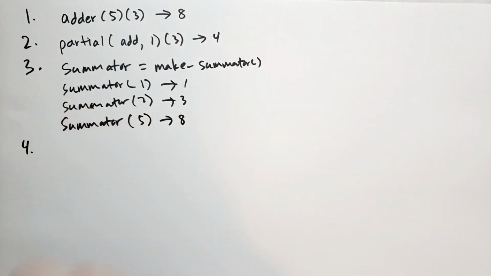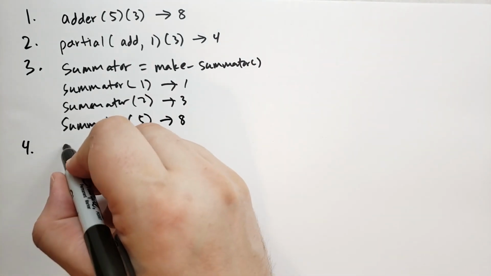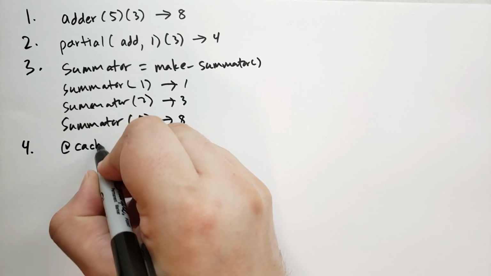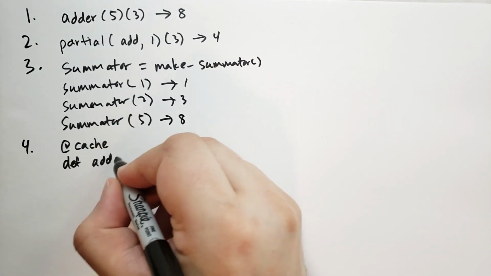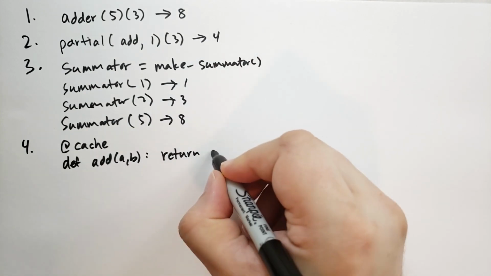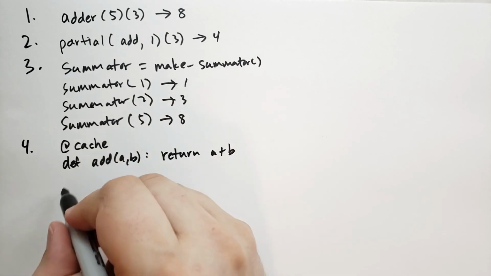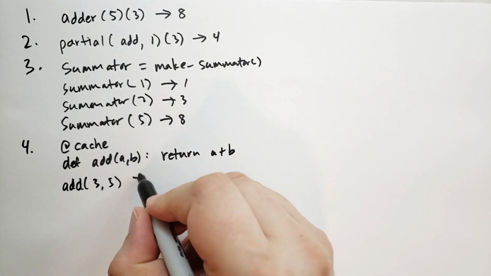And finally, the last one is I want you to write a decorator called cache. And the way it works is you write C-A-C-H-E on the decorator, and then you write your function def add a comma b. And what it does is when you first call add, let's say you call it with 3 and 5, this will give you 8.